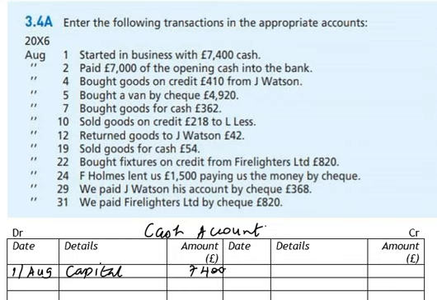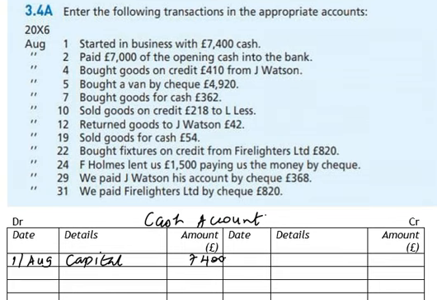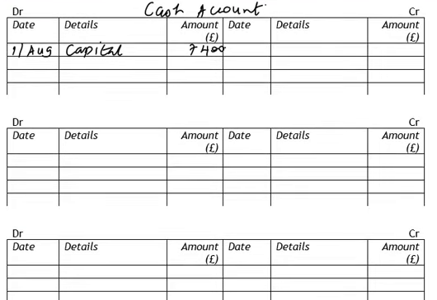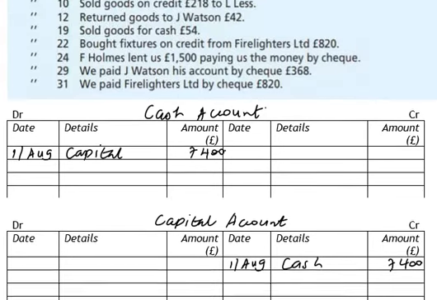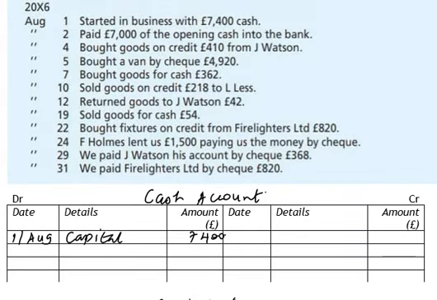But because each and every transaction has to be recorded twice, I have to create another account, and I'll name this the capital account. I'll credit this account. Don't forget to show the date. Then in the details column, I write cash, that is 7,400. So that is your first transaction. You debit the cash account as well as credit the capital account.